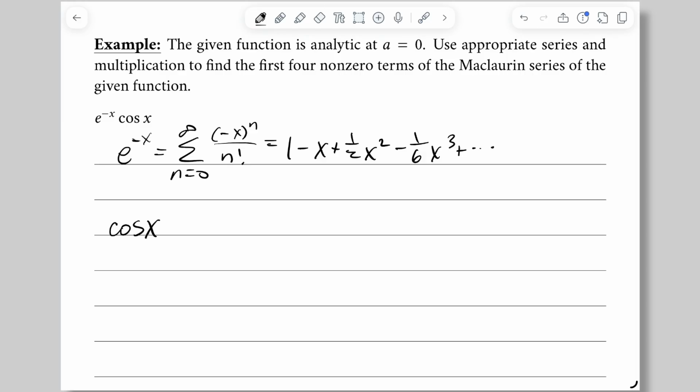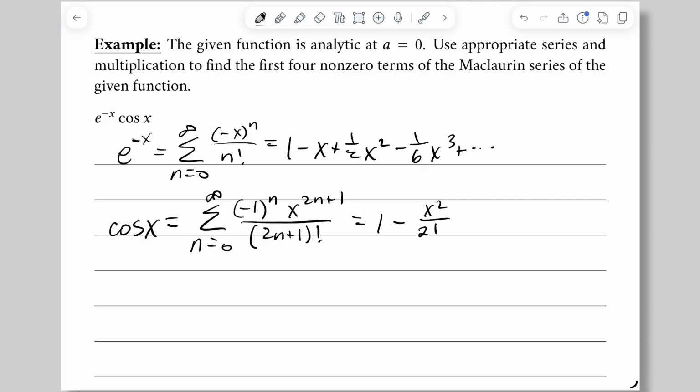The cosine of x has a power series representation that looks like the sum as n goes from 0 to infinity of negative 1 to the n x to the 2n over 2n factorial. The terms look like 1 minus x squared over 2 factorial plus x to the 4th over 4 factorial, and so on.